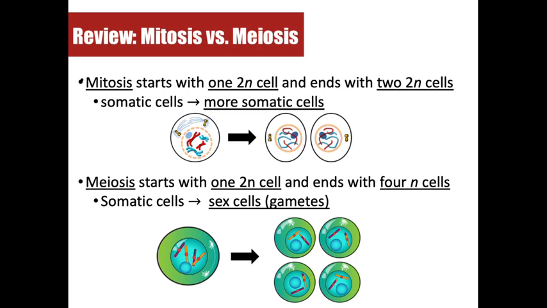While meiosis starts with one 2n cell and it's going to end with four n cells. So we are starting with our somatic cells that are going to turn into our sex cells or our gametes. So remember, mitosis is 1 to 2. Meiosis is 1 to 4.